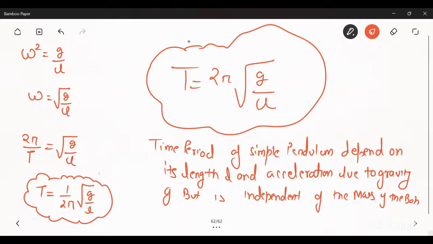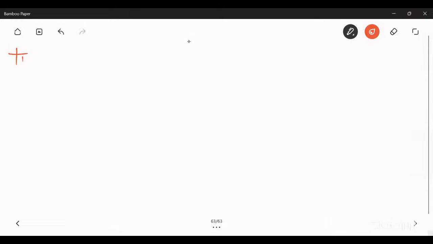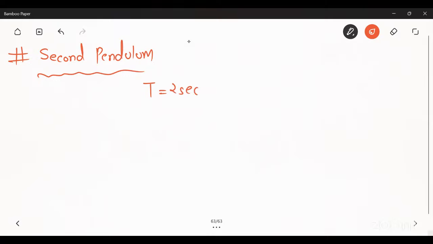Now next is the second pendulum. A second pendulum is a pendulum which has a time period of 2 seconds and its length will be approximately 1 meter.